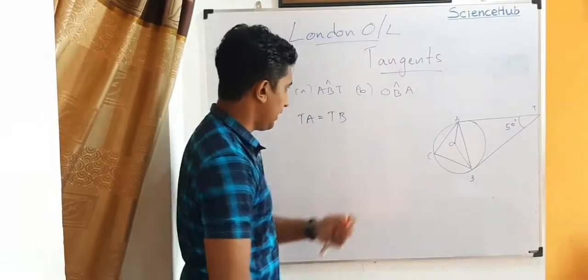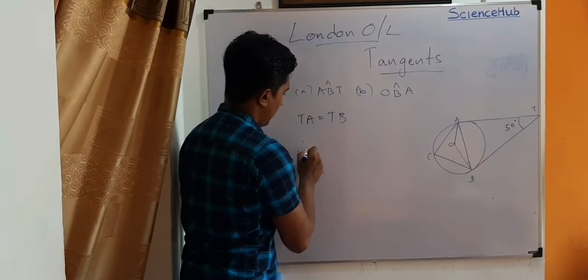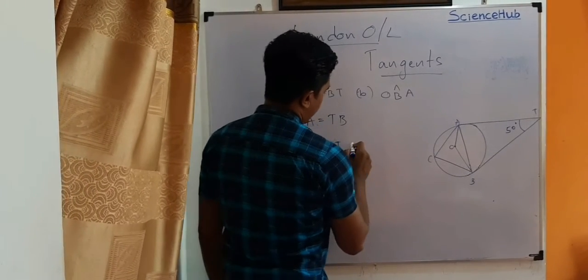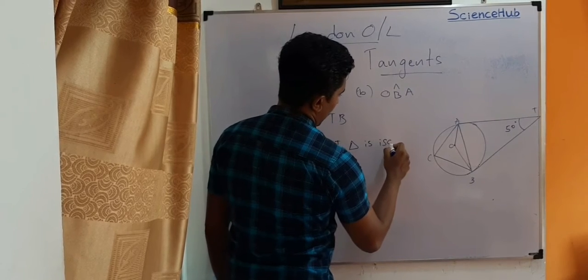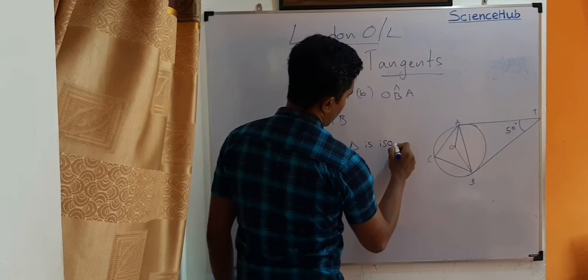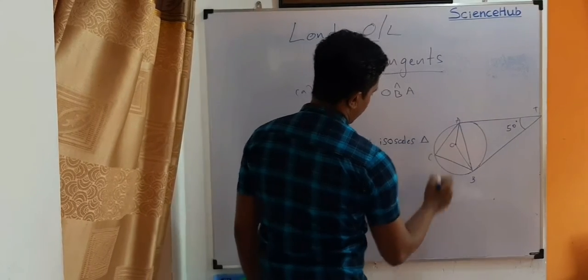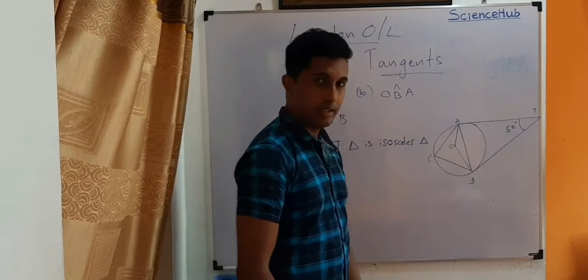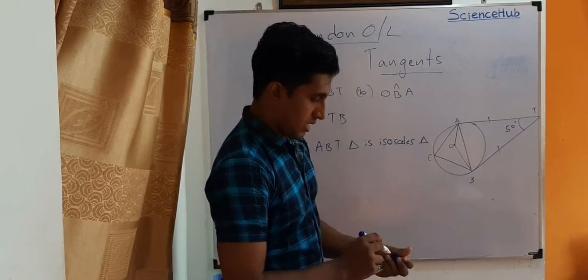Therefore the ABT triangle is an isosceles triangle. This side and this side are equal.